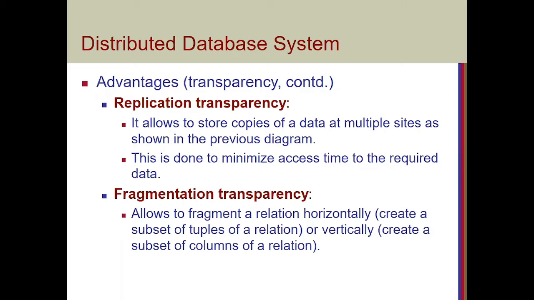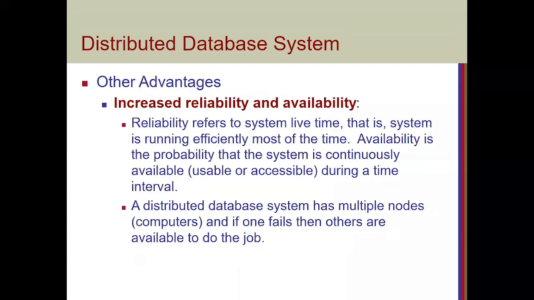Fragmentation is where you go record by record and column by column to really understand how the various data types are used, so that if you fragment this particular data, it appears to be the same, irrespective of which database is handling it or which site it is on. So these are concepts of a distributed database system that contribute to its advantage. The main advantage that this distributed database system brings on board is transparency.